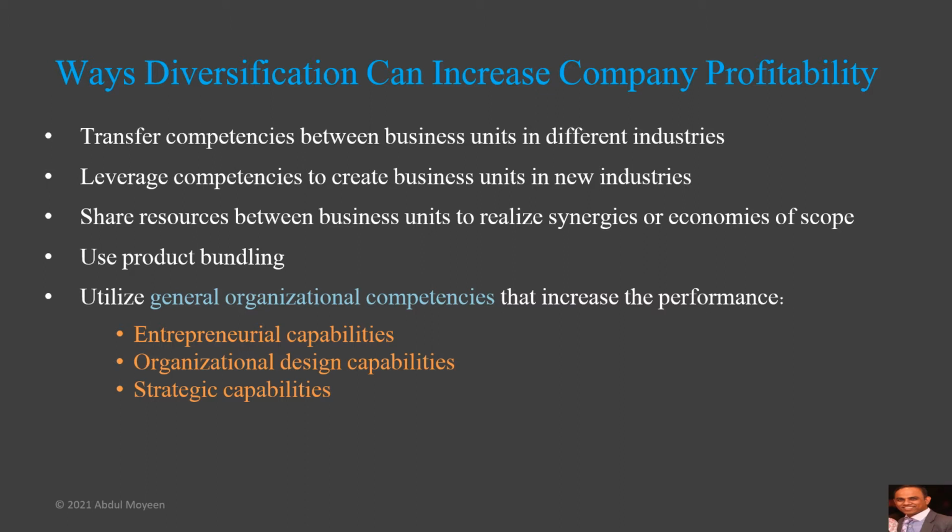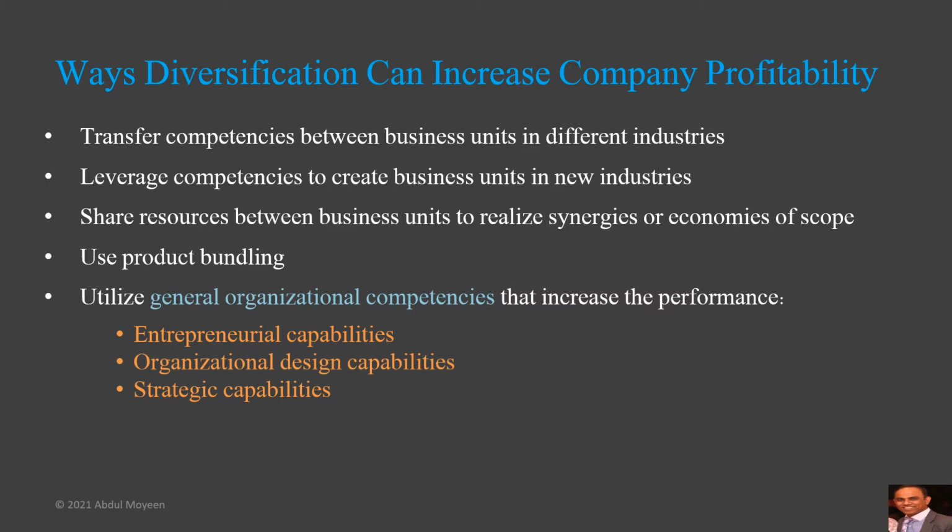In general, competency transfer increases profitability when they either lower the cost structure of one or more of the business units, or it enables one or more of its business units to better differentiate their products.